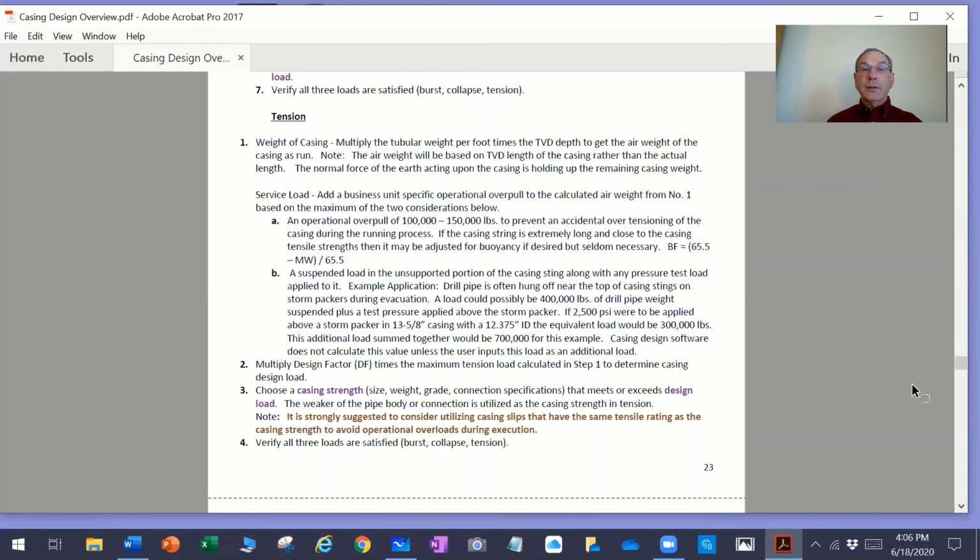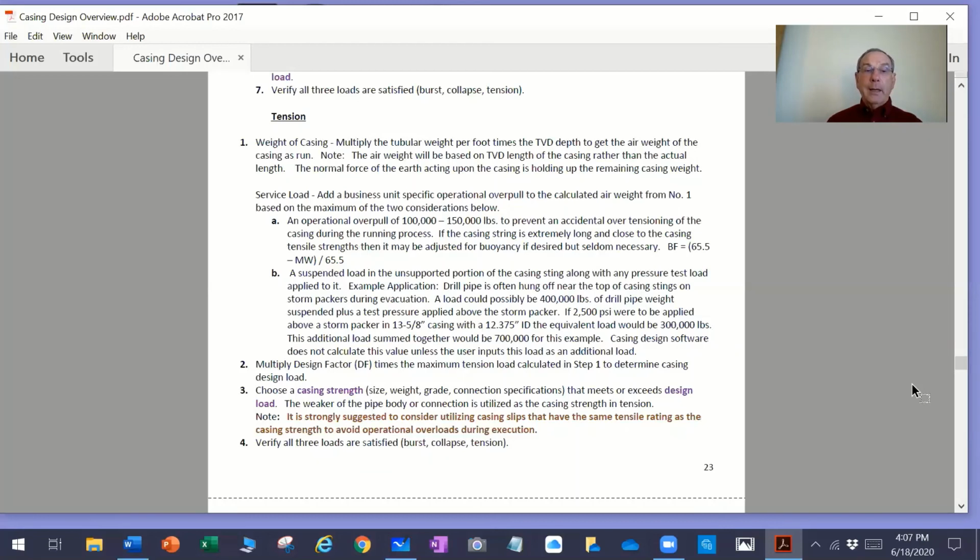And then for the service load, you add a business unit specific service load to it, which is going to be, A, some amount of overpull that I've already described, to make sure you don't accidentally overpull a casing. And B is that suspended load in the unsupported portion of the casing, due to something like hanging off drill pipe on a storm packer.